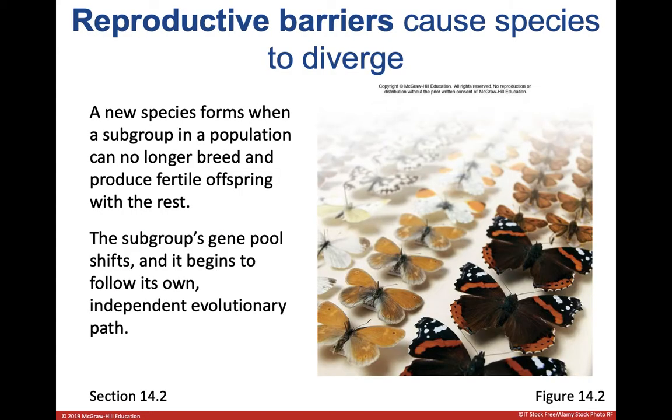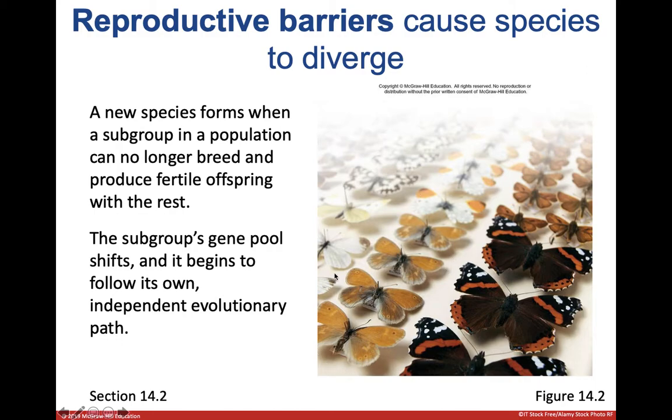So how do new species form? How do we start with one species of organism and get two species or more from it? There's a bunch of different ways to do this, but it all starts out when you have one large population of organisms that are all the same. So we'll start off with these butterflies right here. They're all the same.